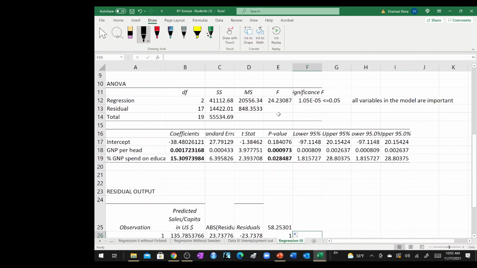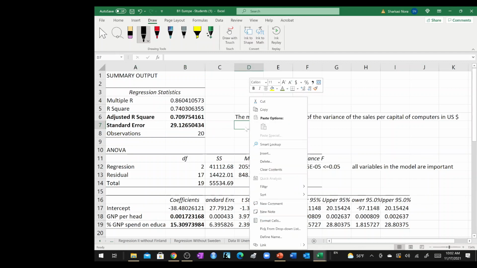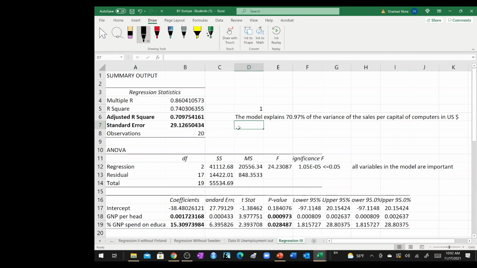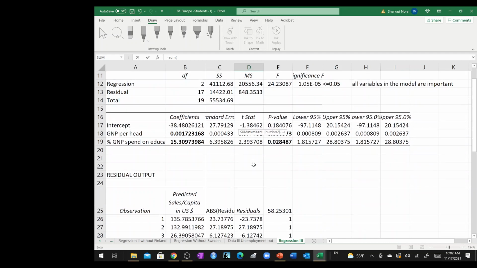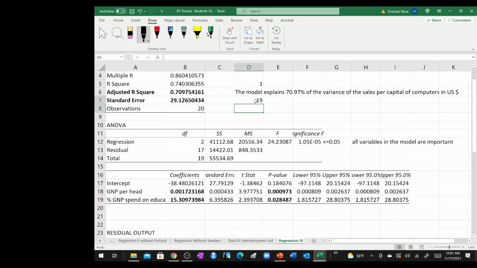You could say that up here for the standard error, you could say something like how many values are within two standard errors. So you say the sum of all these over the count, which is the number of observations, which is 20.